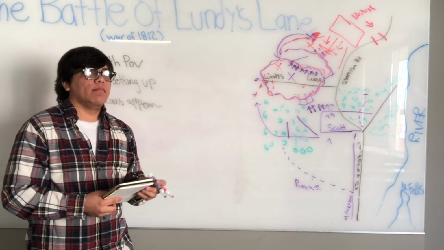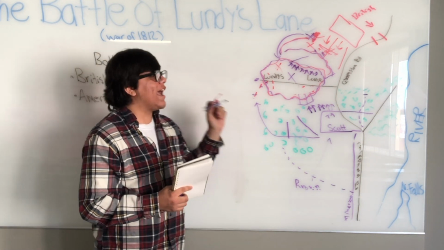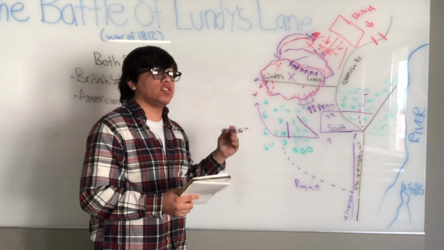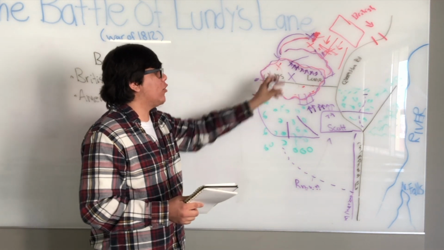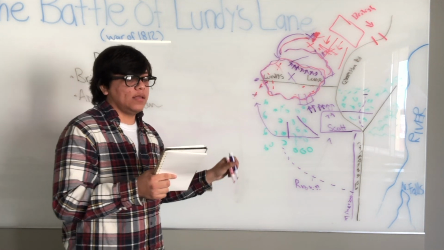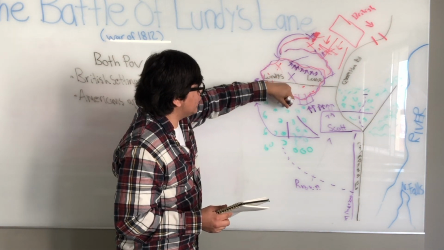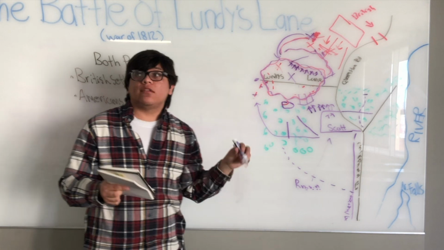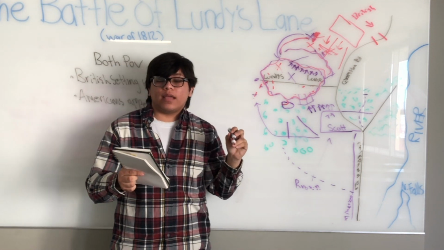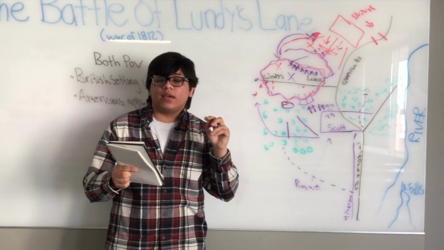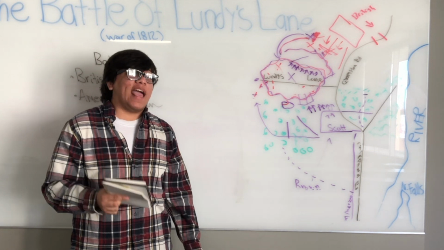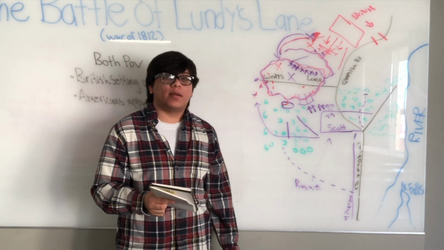During this time, Major General Brown was heavily wounded, and with Scott already being wounded from the battle, they had no choice but to station themselves right outside of Lundy's Lane. Being right outside of Lundy's Lane, they realized two big things. Both of them were heavily wounded, to the point where they couldn't even fight anymore.